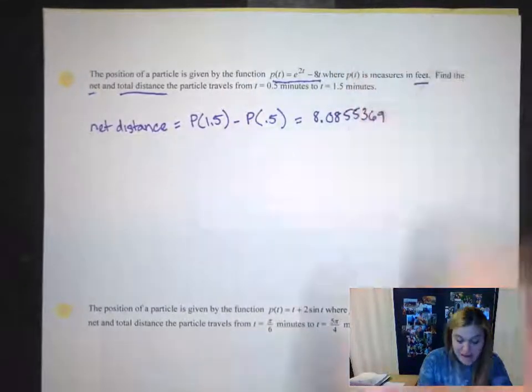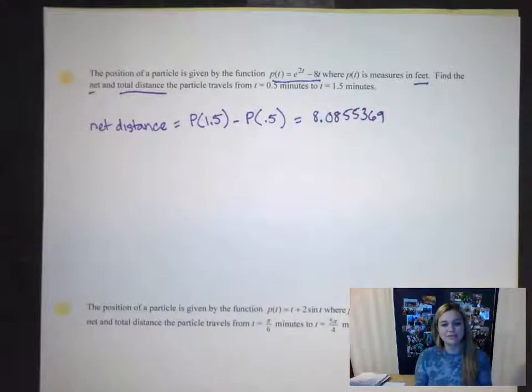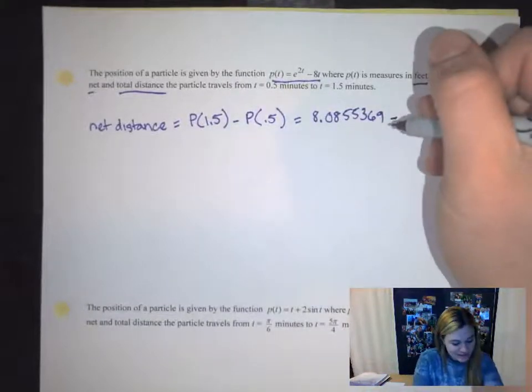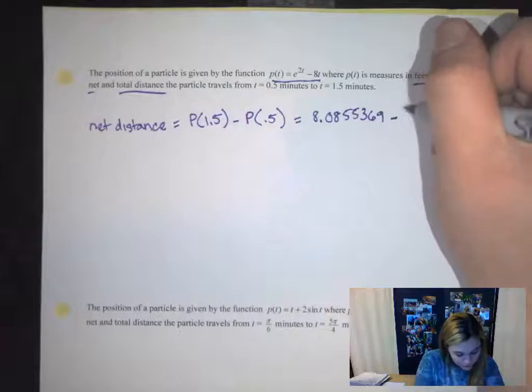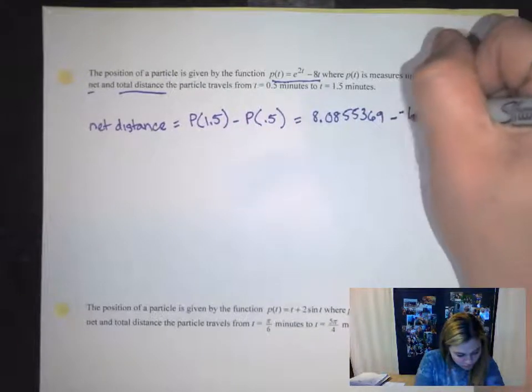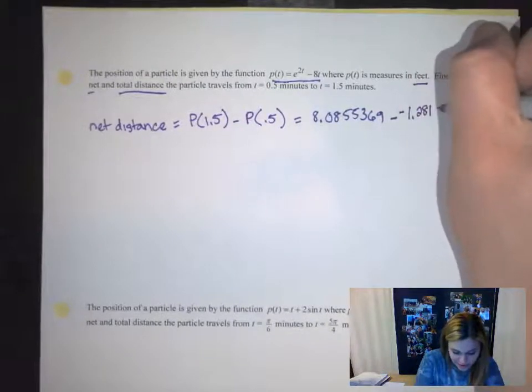8.0855369. And I'm using more than 3 places after the decimal because this is not my final answer yet. So I need that degree of accuracy until I get to the very end where I can do only 3 places after the decimal. Minus P of 0.5, you will get negative 1.2817.